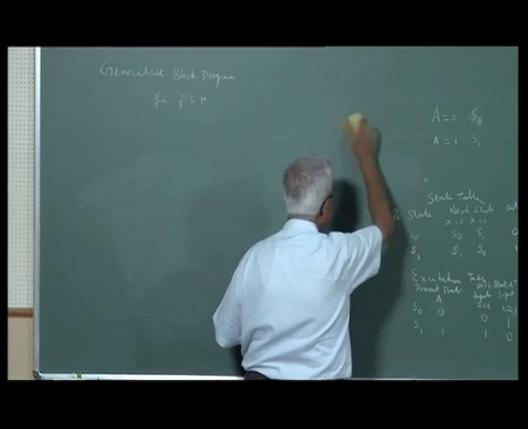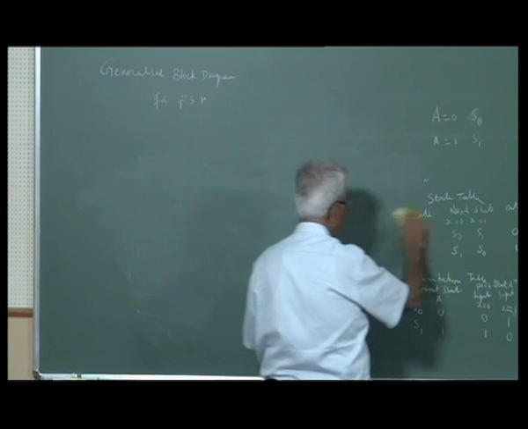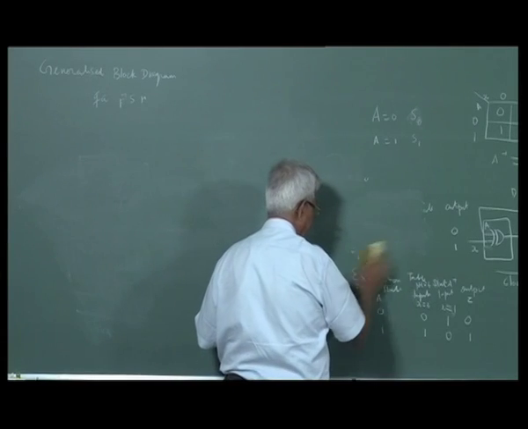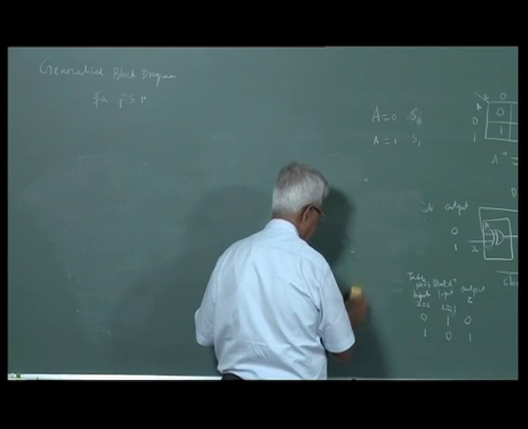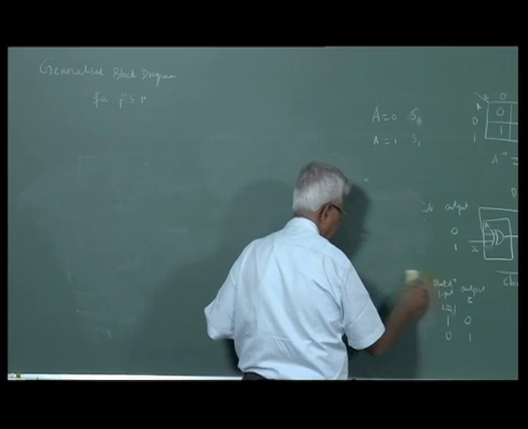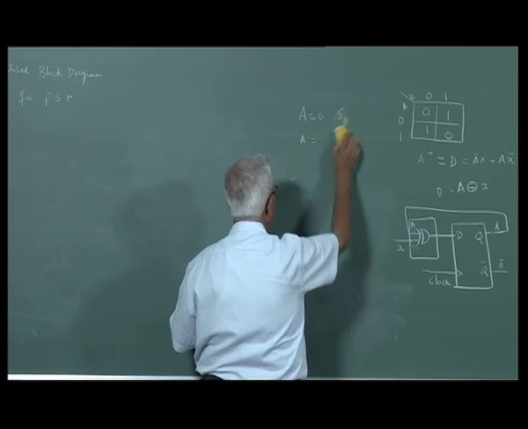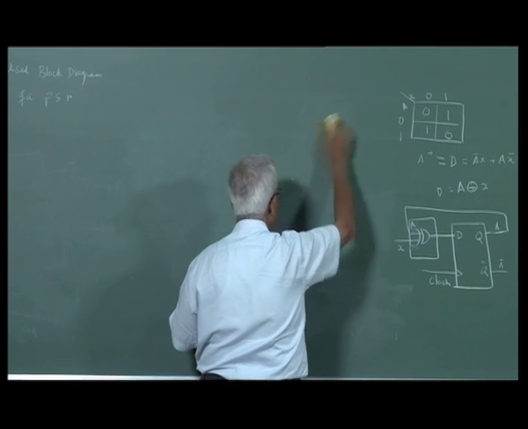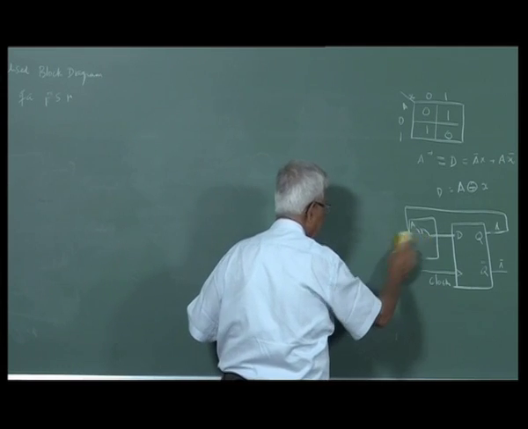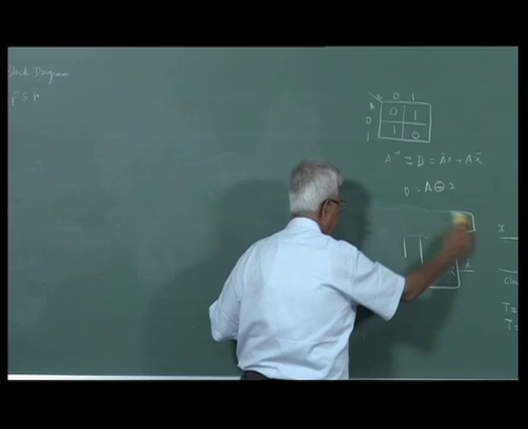A simple state graph is considered, with only 2 states, 1 input variable and 1 output variable. We talked about a simple sequential circuit with only 2 states, 1 input and 1 output, and we could do it with 1 flip-flop.